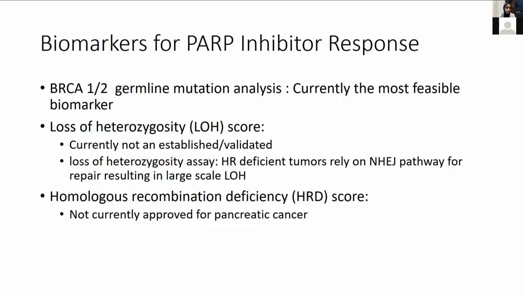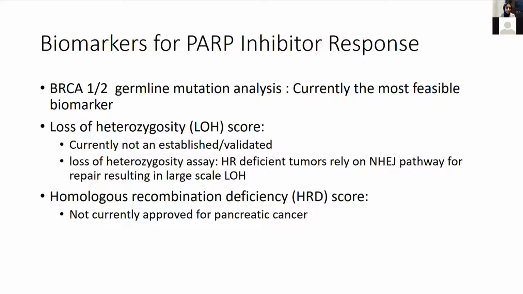This includes the loss of heterozygosity score. As we have mentioned, those cells rely on the non-homologous end joining pathway, so they will have microdeletions across the genome that are overrepresented, and there are computational methods to detect these mutational signatures. But as I mentioned, it's not validated at this time.